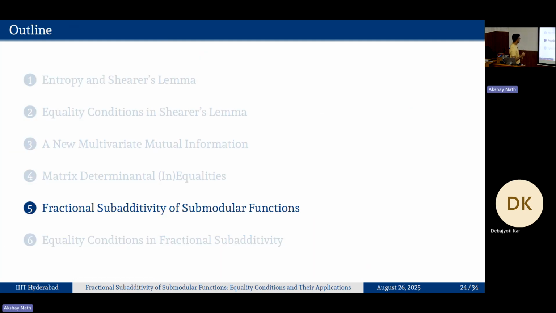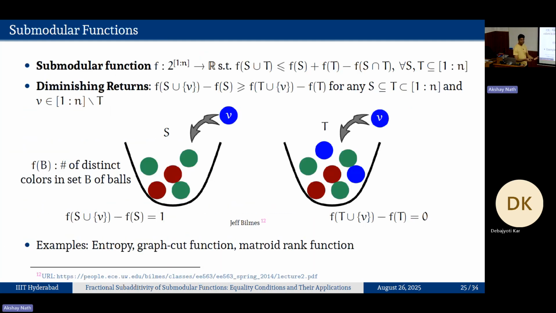So let's come to the most generalized form of what I've been talking about. Entropy is one submodular function. I define a submodular function as follows. A function over the subsets to the reals is submodular if, in the most general form, f of S plus f of T is at least f of S union T plus f of S intersection T. It's also called diminishing returns.